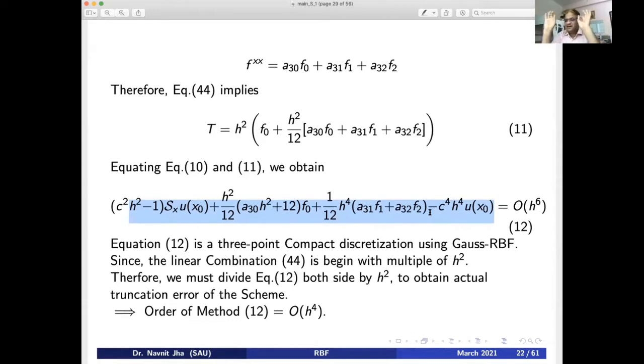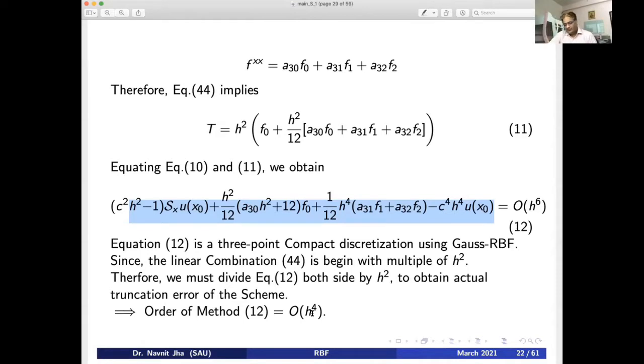Only these 3 points are involved in the whole equation. That is why we call it compact. So this is what I have written, that we must divide by h squared. The order of the method is order h4, so this is a fourth order method for the second order simple equation.